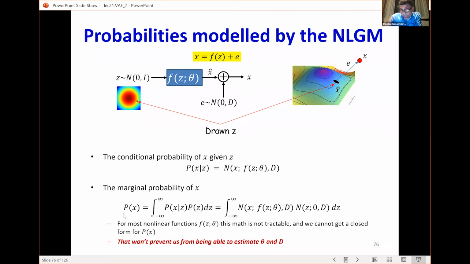You cannot actually compute p of x. In this case, because of this ugly form of this nonlinear transform, even though you know the process and you know all the details of the process, I gave you the theta, I gave you the d, if I gave you everything, you still could not actually compute p of x in closed form. So this is a function that can model a distribution but you don't know exactly what it's modeling.